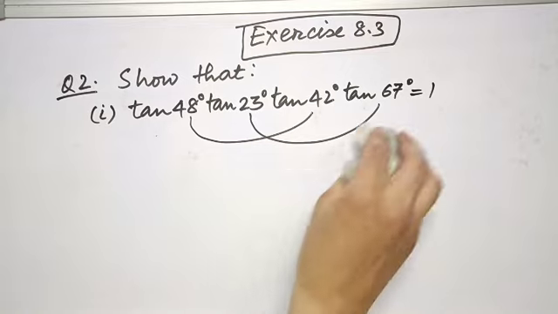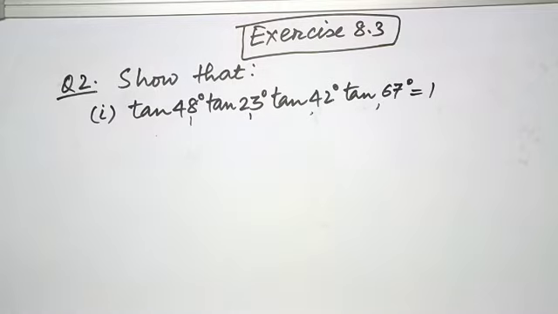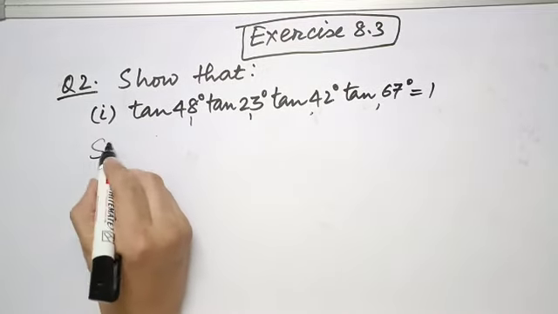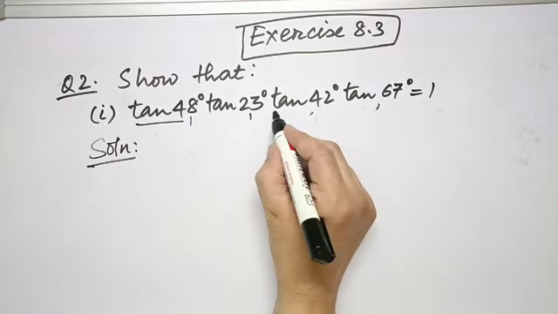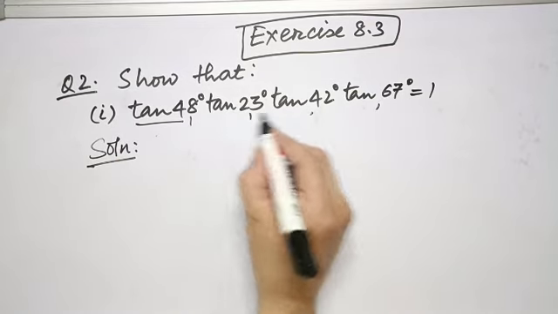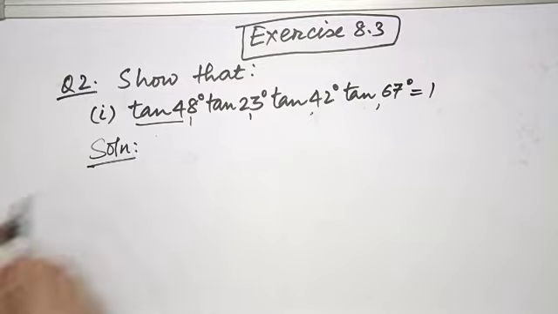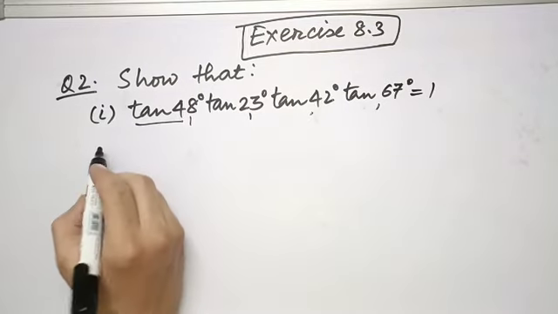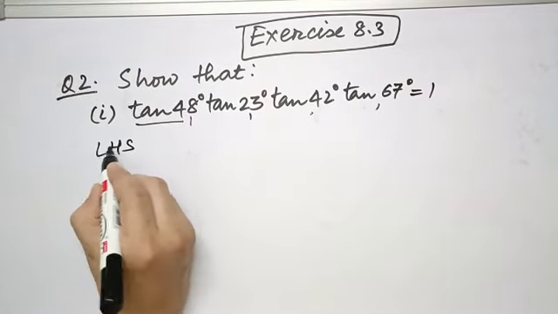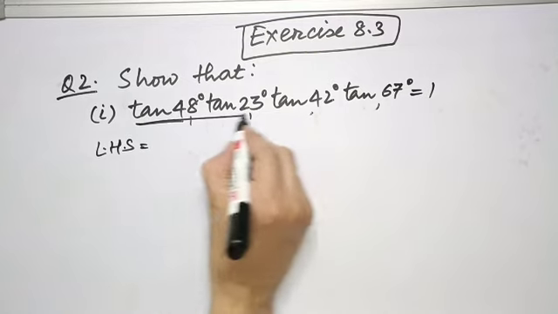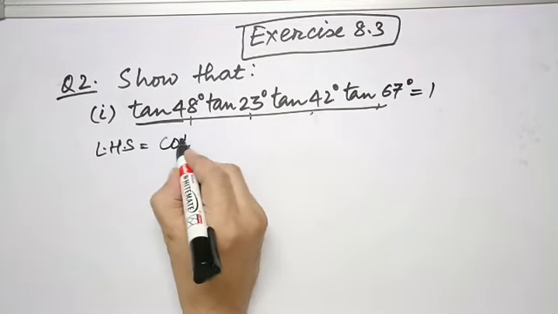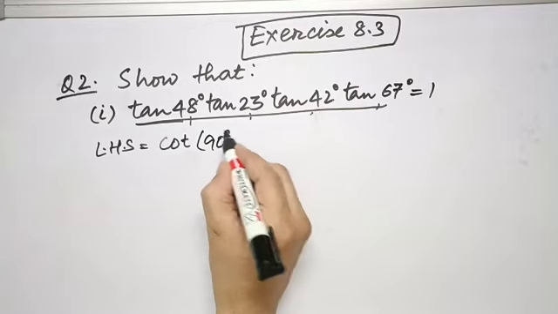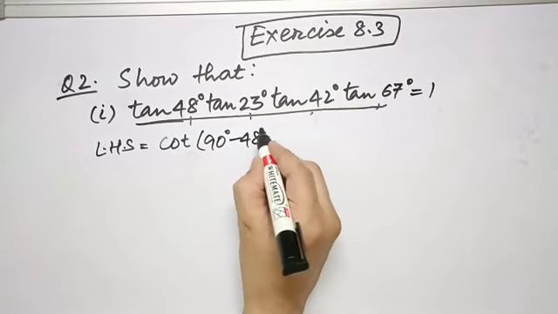What I mean to say, let me solve and show you. If I change this value, I'll keep this as same. If I change this value, I'll keep this as same. Now let us take the left hand side, that is this one, and I'm going to change this as cot 90 degree minus 48.